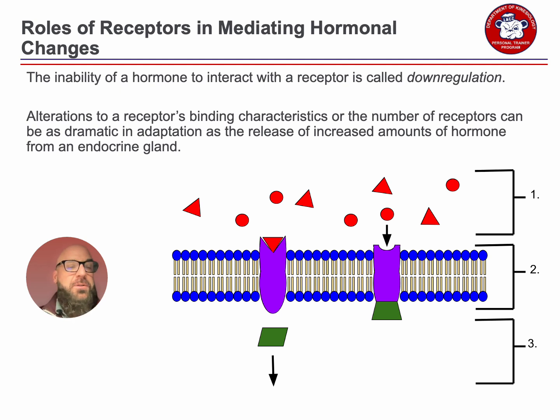Sometimes structural issues, sometimes disease state stuff, but ultimately, the point up here is that the alterations to receptors' binding characteristics or the number of receptors can be as dramatic an adaptation as the release of increased amounts of hormone from the endocrine gland itself, which would be at the bottom there in green.